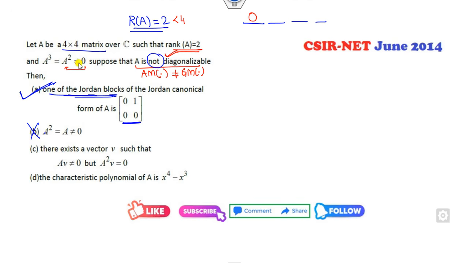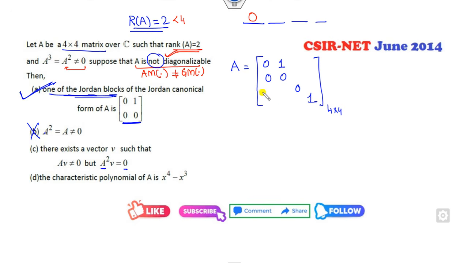There exists a vector V such that AV is non-zero, A square V is 0. So A is 4 cross 4. Fine. First of all, I need A square to be 0. Now I need A to be non-zero. That means I must put some off-diagonal entry somewhere as a 1.